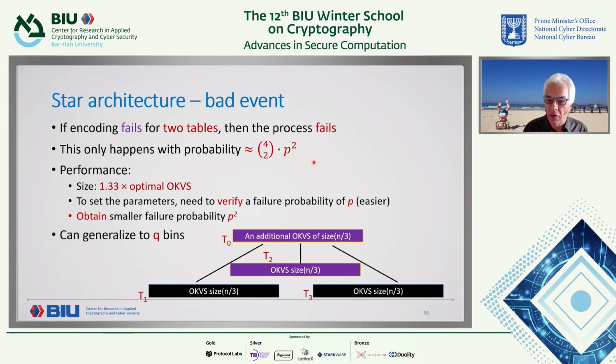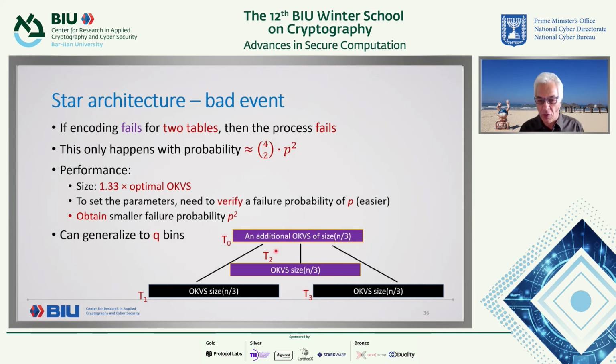So basically, we ran experiments verifying a failure probability of P, and we get that the failure probability for the whole system is 6 times P squared, so it's much smaller, okay? And the size is 4/3 times the size of an optimal OKVS for an item. So it's 4 times an optimal OKVS for 1/3 of the items.